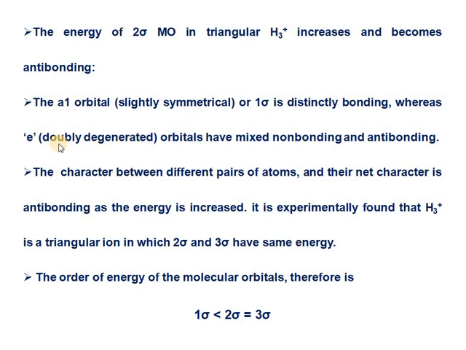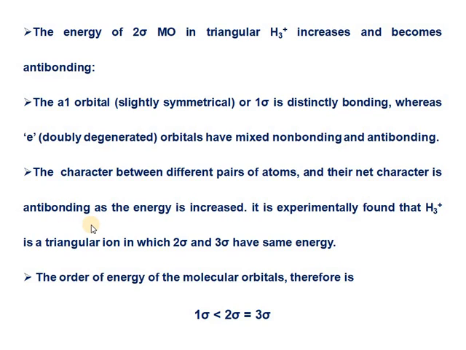It is the A1 orbital, right? Slightly symmetric. Why is it symmetric? Because it is distinctly bonding, but E is a doubly degenerate orbital, which is a mixing orbital of non-bonding and anti-bonding molecular orbitals, right? But for these pairs, the net character is anti-bonding.